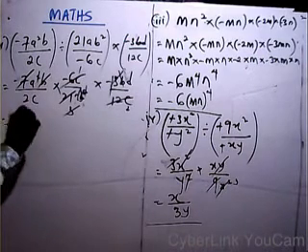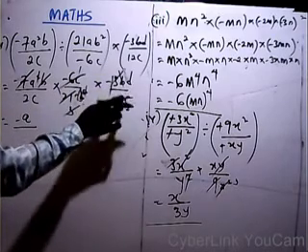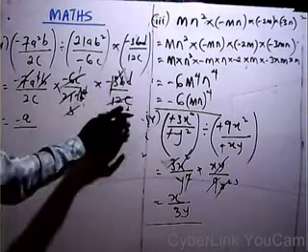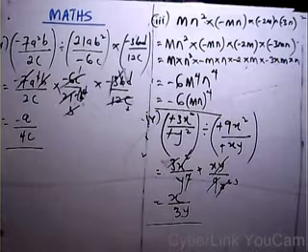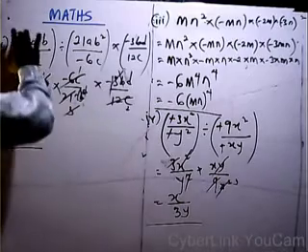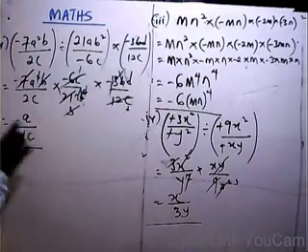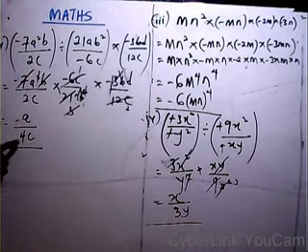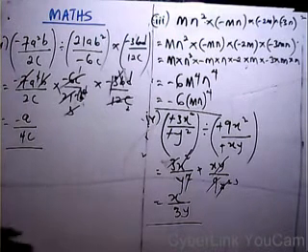So you have minus a, this one you have 2c, this one remains 2. So 2 times 2, you have 4, then c, 4c. That's your answer: minus a over 4c. Meaning that when you simplify the whole expression, you're going to have just minus a over 4c, and that is the correct answer.